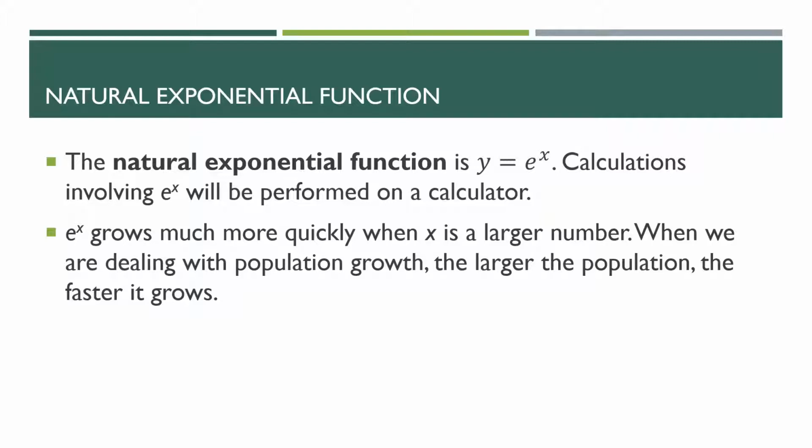And then also, if you have an even larger population, so imagine instead of 100 people, you had 1,000 people. Imagine how many more children are born each year when you have 1,000 people in a city compared to 100 people in a city. So again, when your x value, your independent variable, is larger, then the population grows faster.